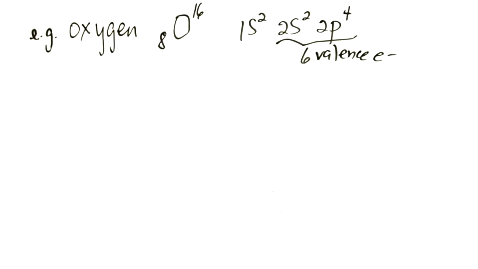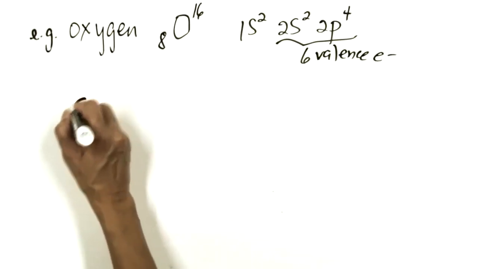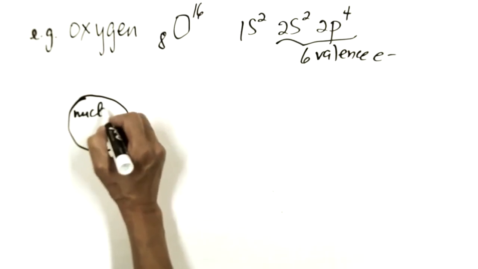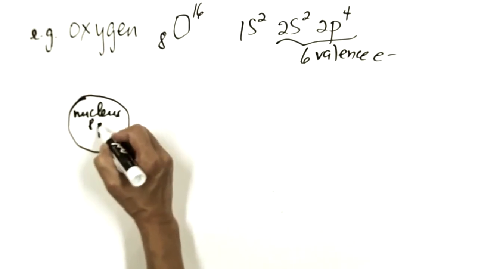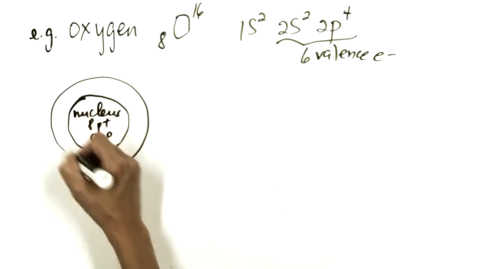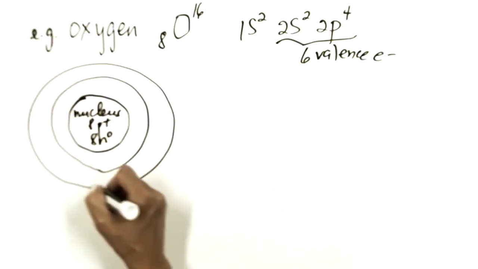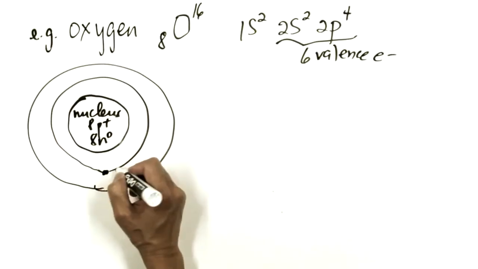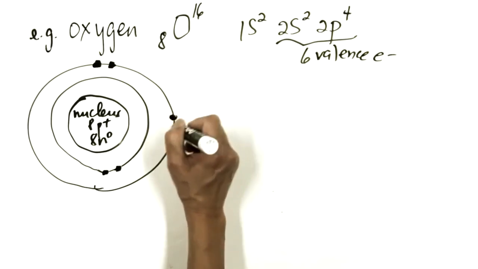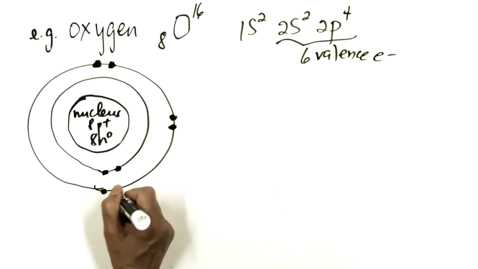become stable. So if I were to draw the oxygen atom here, it would have its nucleus with 8 protons and 8 neutrons. How many electron shells? It would have 2. So the first shell would have 2 electrons, and the next shell would have 6 electrons.